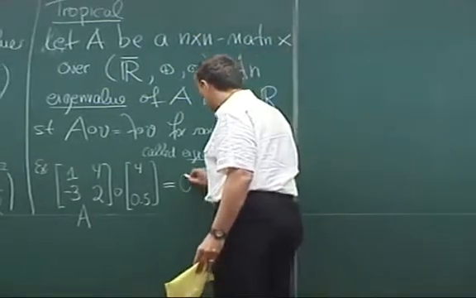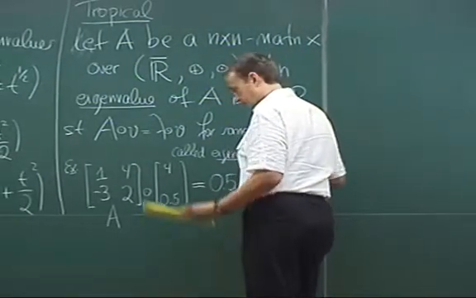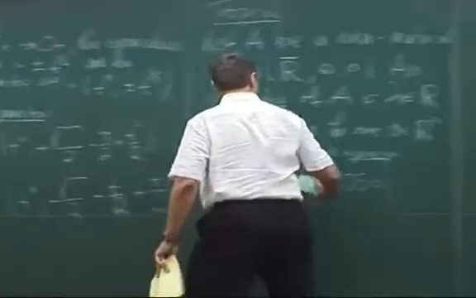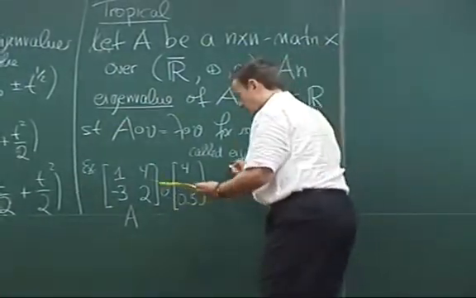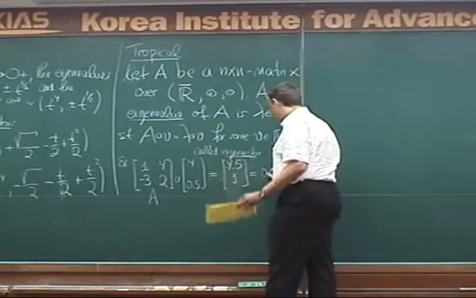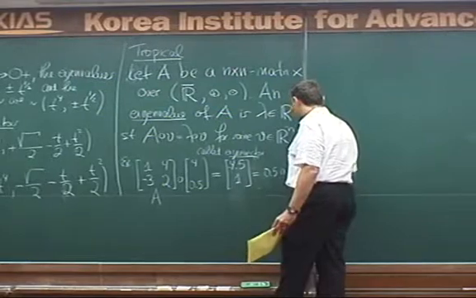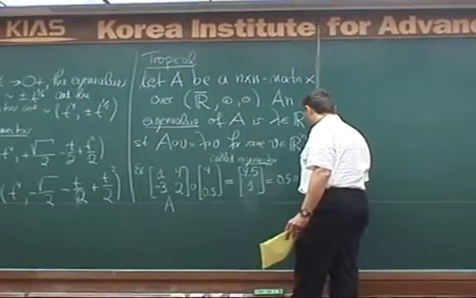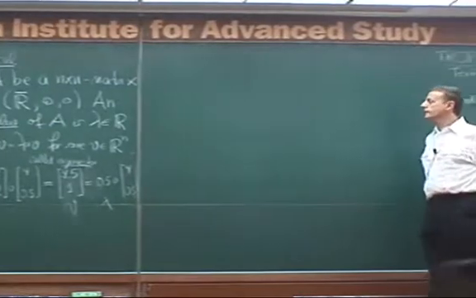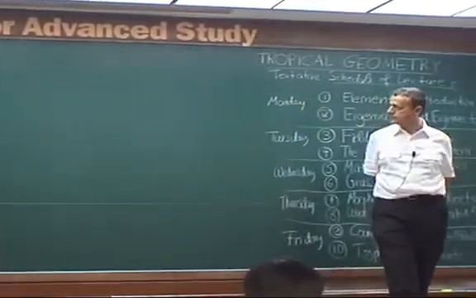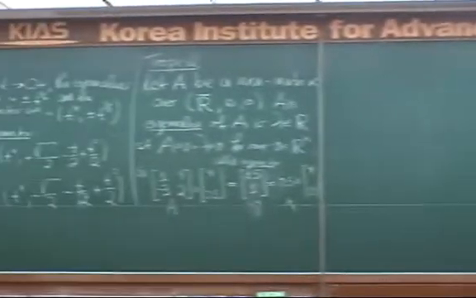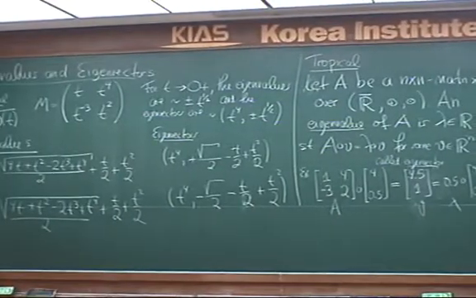Then unsurprisingly, when I multiply this, I get 4.5 and 1, which is, of course, 0.5 times the vector I started with. So this is an example. Here the eigenvalue of this matrix is a half, and the corresponding eigenvector is 4.5, 1. It's the obvious translation of the classical example on the left-hand side.